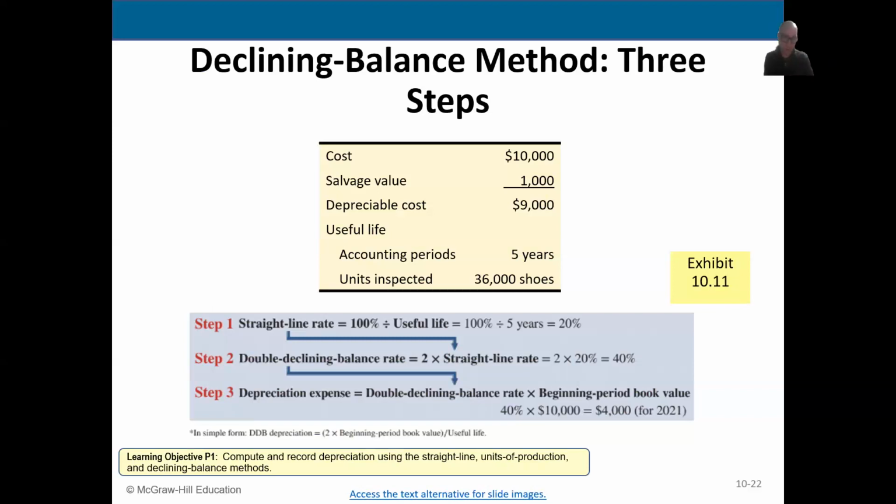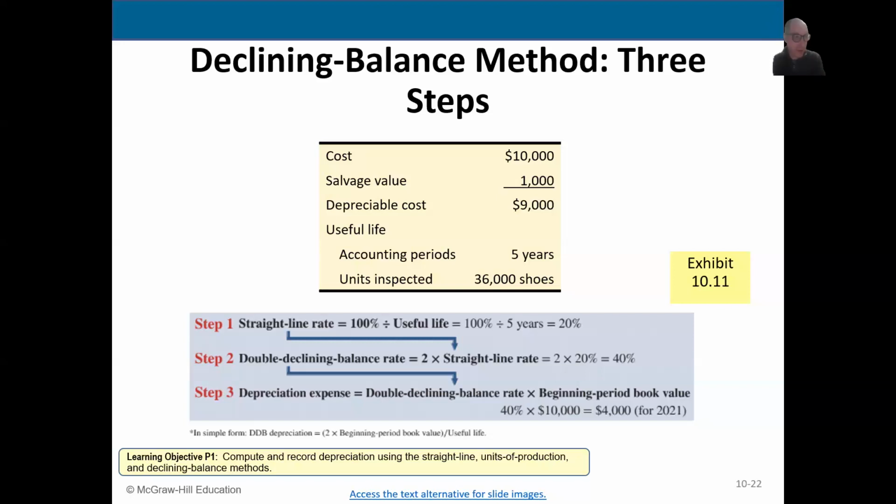Here's how it works. We use the straight line method, and we factor it by 2. Simple, right? There's 3 steps. The first step is we find the straight line rate, the 20%, remember? So how is it 20%, you ask?